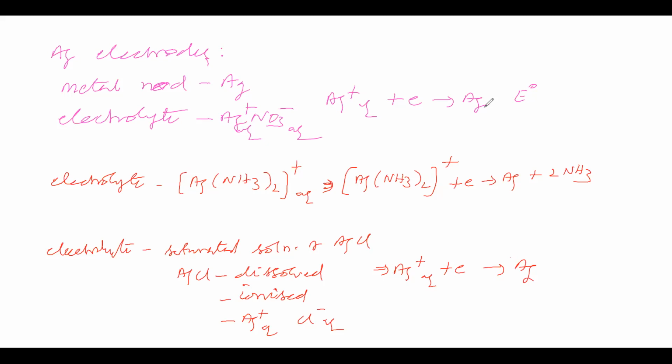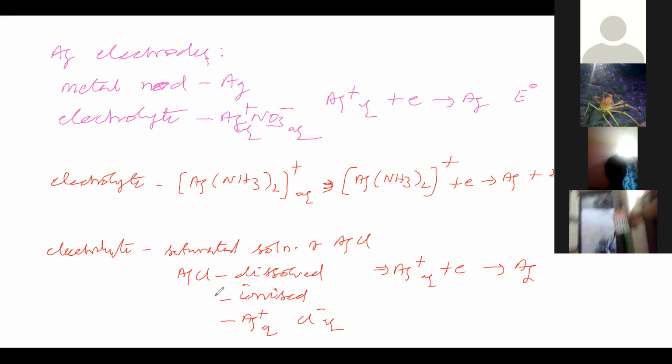Now this Ag plus taking an electron is different from this Ag plus taking an electron. Why? Because this electrolyte, silver nitrate, is a soluble salt. Silver chloride is an insoluble salt. A soluble salt goes for a higher extent of ionization.